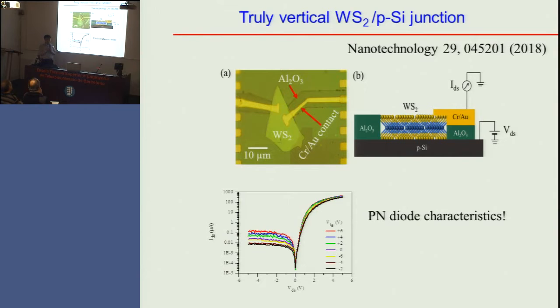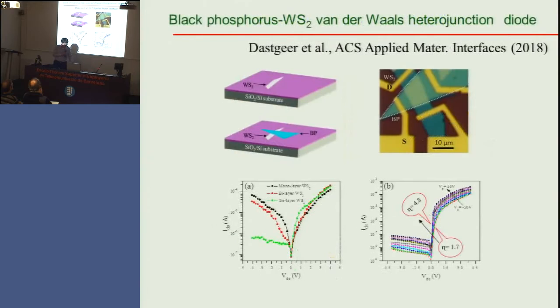So this material is quite interesting, right? Without growth of a semiconductor, we could have semiconductor PN junctions easily. Here's another thing it shows: black phosphorus and WS2, other kinds of two-dimensional material, could also have PN junctions.